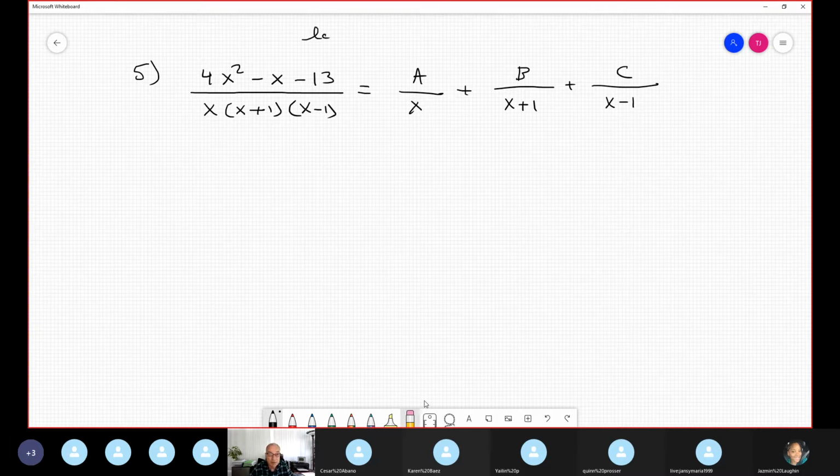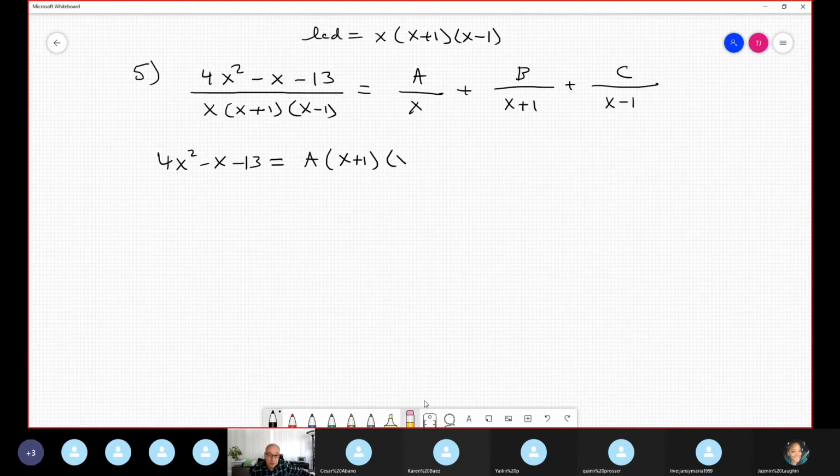It is obvious that the LCD of this expression is x times x plus 1 times x minus 1. When you multiply the whole thing by the LCD, we have on the left-hand side 4x squared minus x minus 13, equal to A times x plus 1, x minus 1.